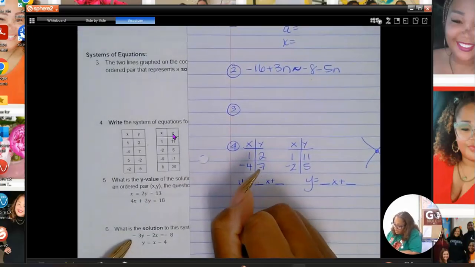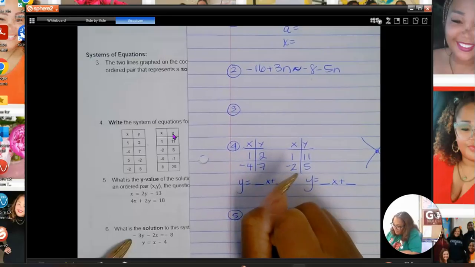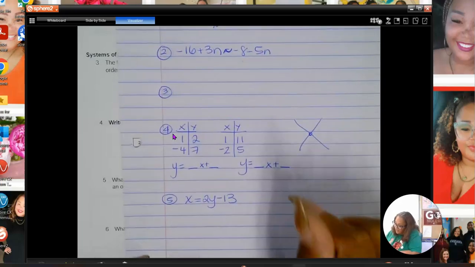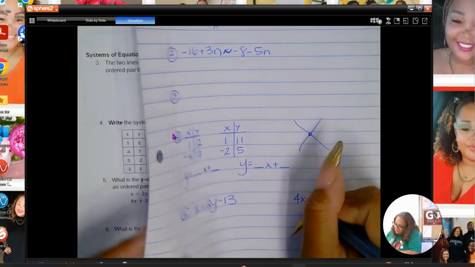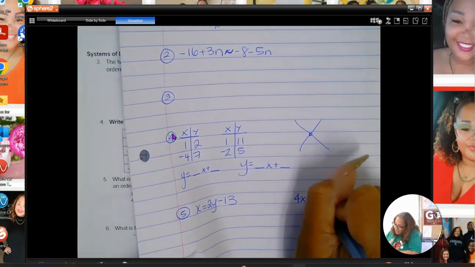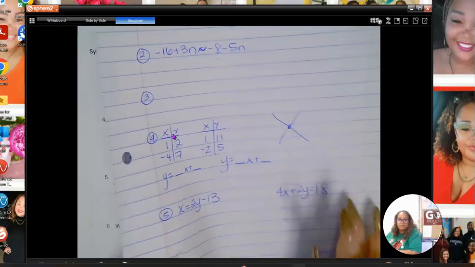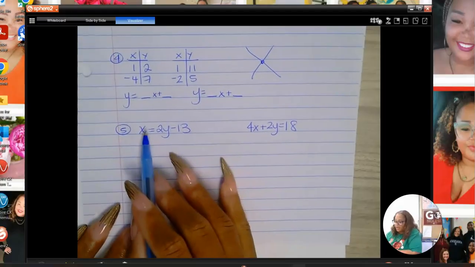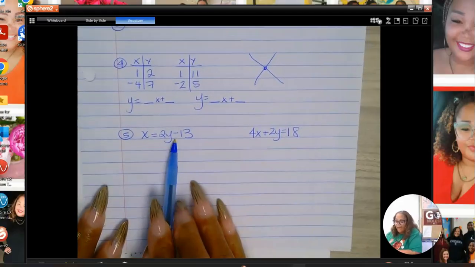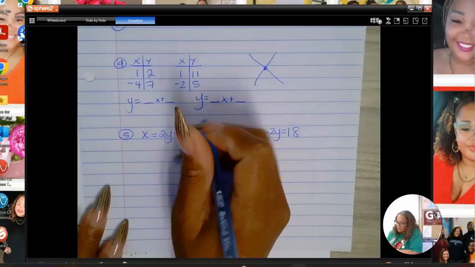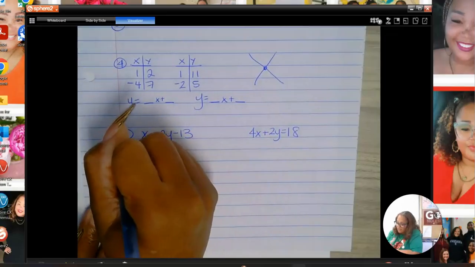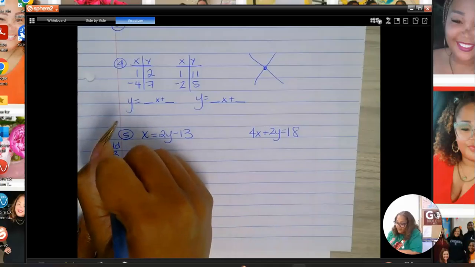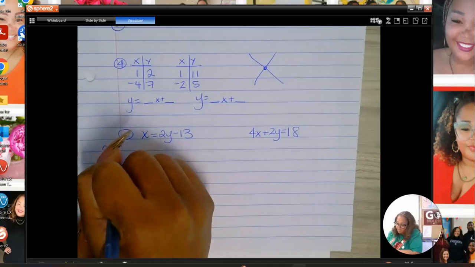So in order to solve for y, you have x equals 2y minus 13, and then 4x plus 2y equals 18. In solving for y, you must add 13 to both sides. So add 13 to both sides, then divide by 2.